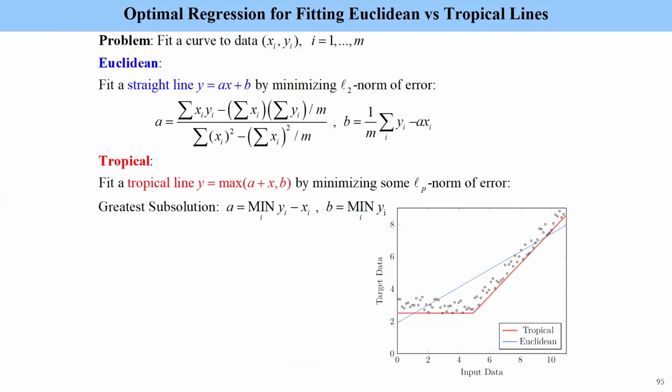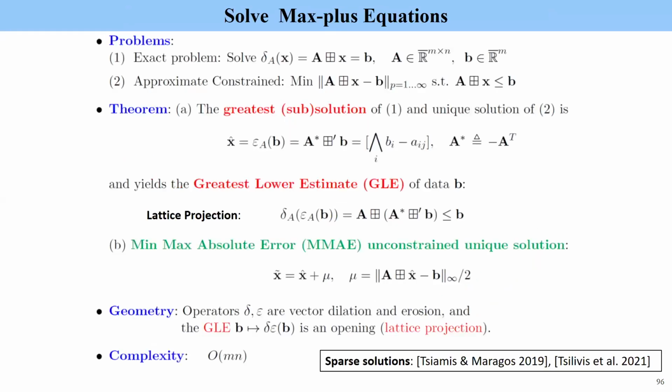Okay, the final class of machine learning systems for which we tried tropical geometry is regression. Everybody's familiar with least squares regression. In our case, for the tropical regression, we use the result of max plus algebra, where in solving max plus equations, there are two solutions that are of interest.